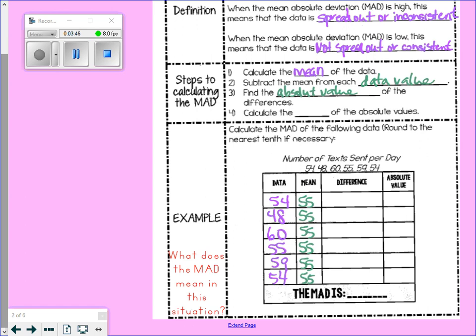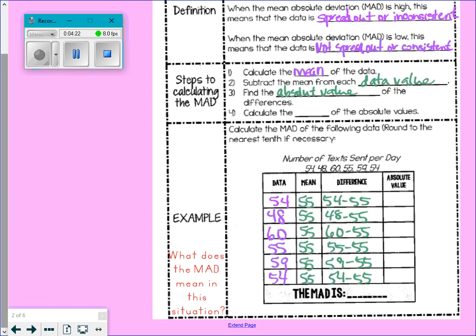So it doesn't matter if you subtract data minus the mean, you're finding an absolute deviation, right? So you're basically just subtracting those numbers. 54 minus 55, 48 minus 55, 60 minus 55, 55 minus 55, 59 minus 55, 54 minus 55. And go ahead and fill in the last column of your absolute deviation. I'm sorry, the absolute value.